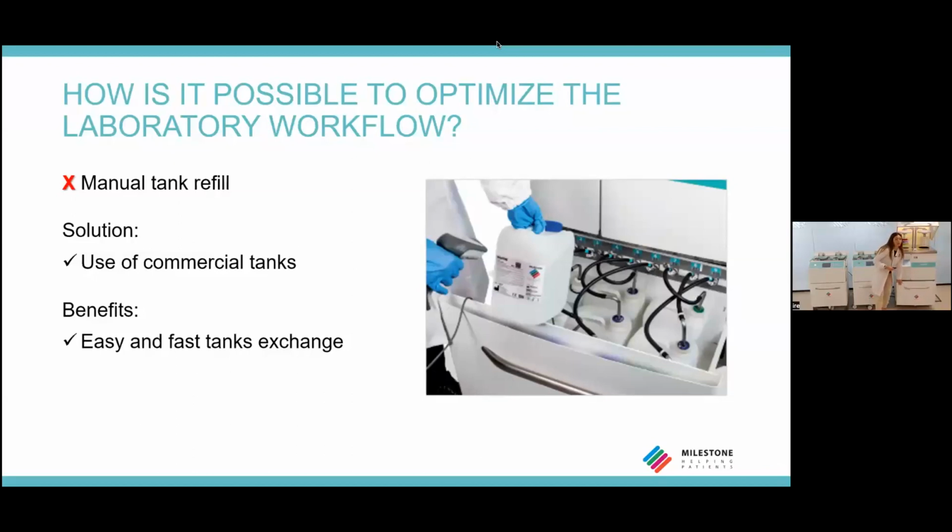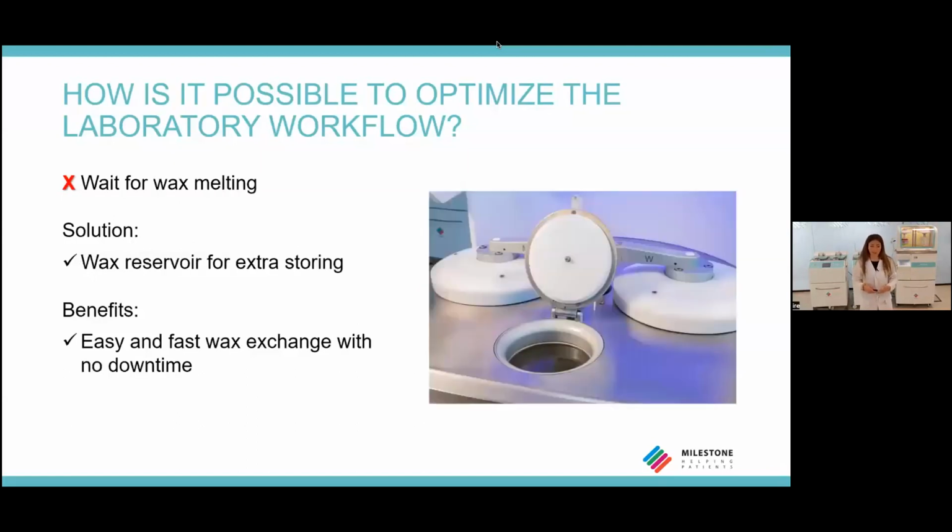And moreover, another big advantage is that this procedure can be performed also during a process. So I don't have to wait for the unit to be without a process, because I can do this operation also during a run. So this also saves time. Also for wax, we tried to make things easier.